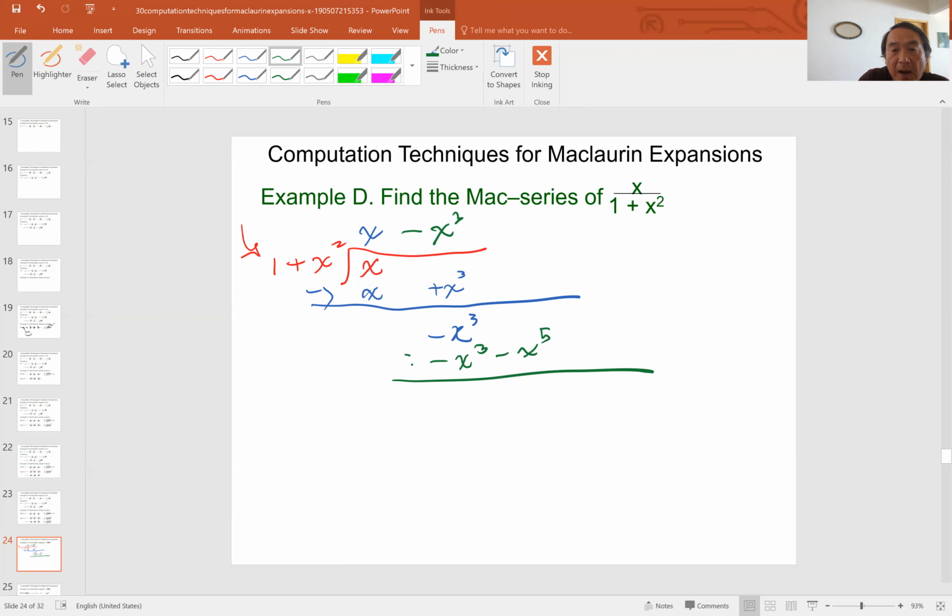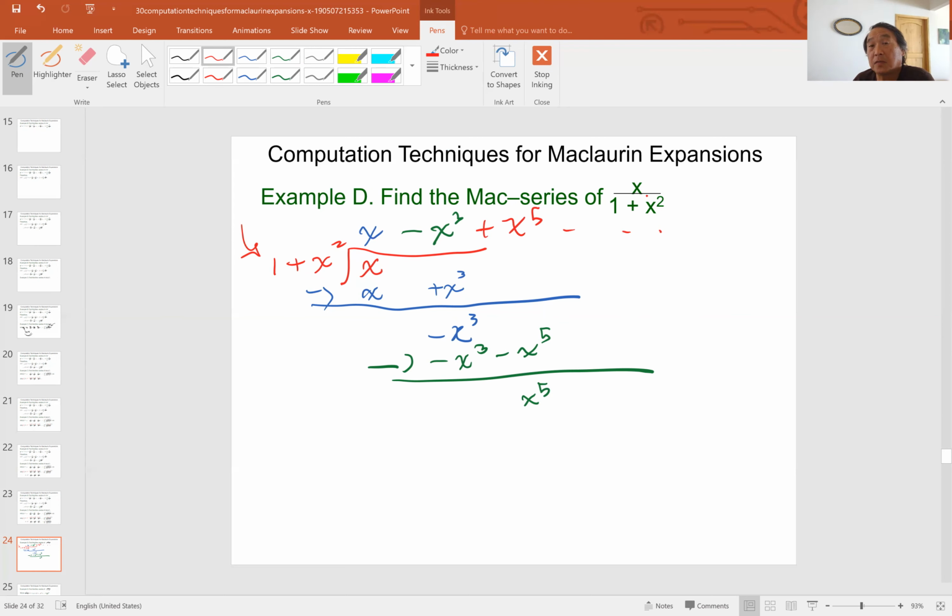Subtract, cancel, leaving x to the positive fifth. Then the quotient again is plus x to the fifth. By this, you can probably see the pattern. So this is one way to do it.